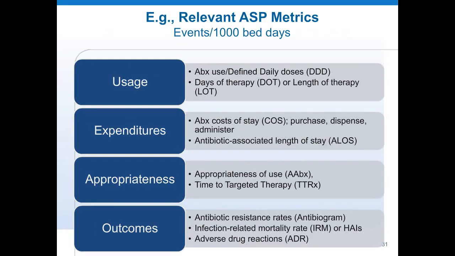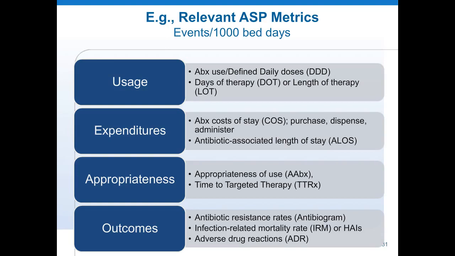Antimicrobial stewardship metrics could include defined daily doses, antibiotic cost of stay, for example, antibiotic length of stay, appropriate use of antibiotics, time to targeted therapy. Your resistance rates are harder to budge in terms of your antibiogram, but over time they may budge.